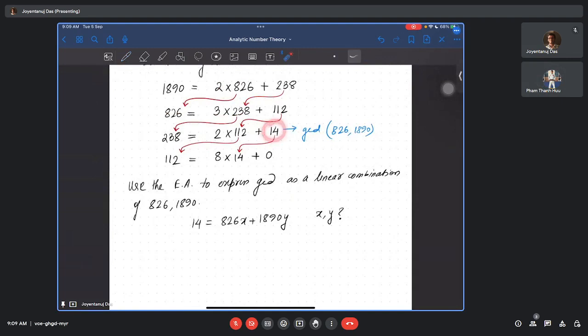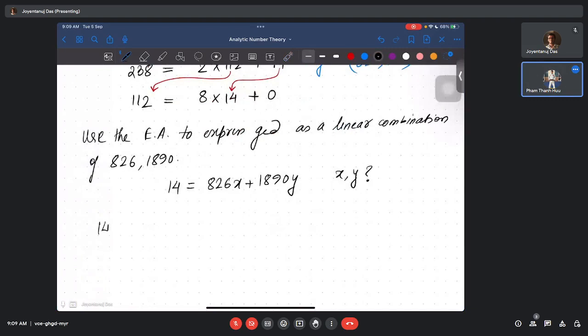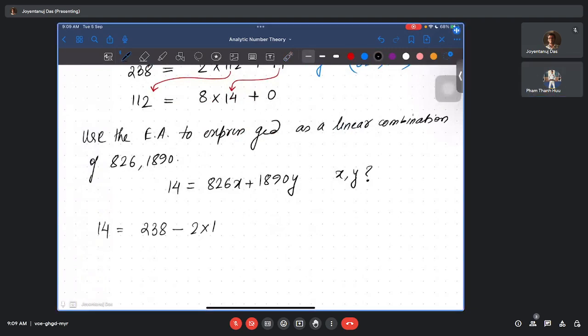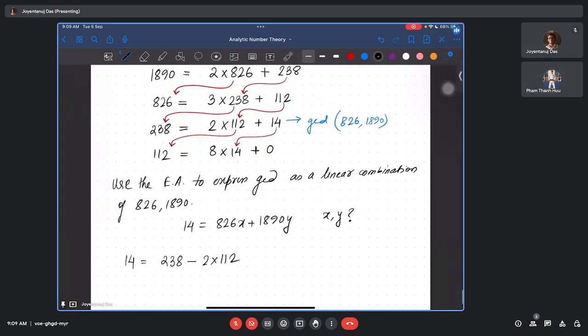So 14 I can express from the Euclidean algorithm as 238 minus 2 times 112, right? So the next step is I will replace this 112 from the previous line.